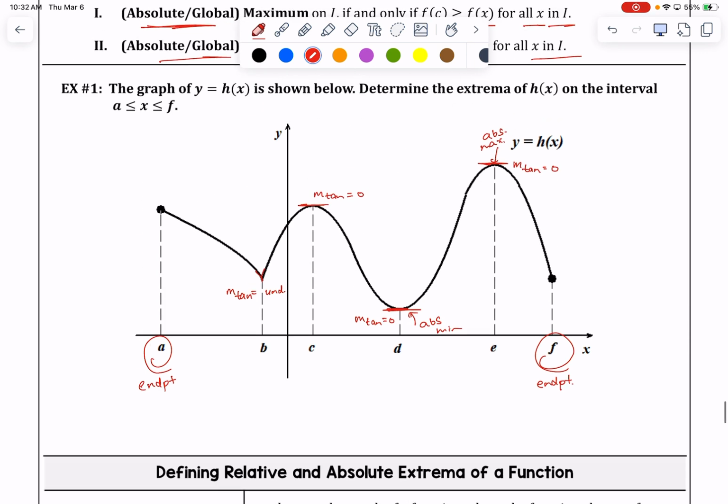So all of these can be referred to as relative maxes or mins. Relative to this area, is this the lowest value? Relative to this area of the function, is it the highest value? Is it the lowest? Is it the highest? So those can all be referred to as relative maxes and mins, or local maxes and mins.